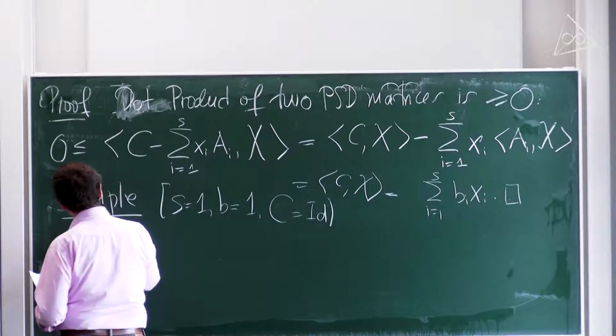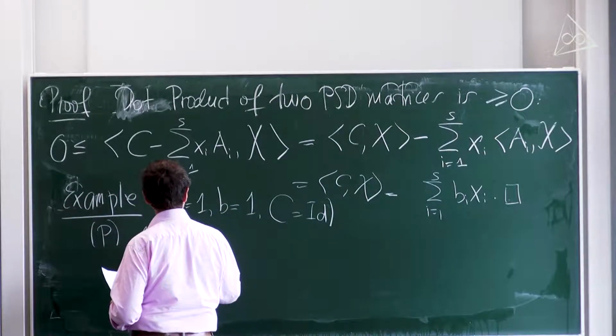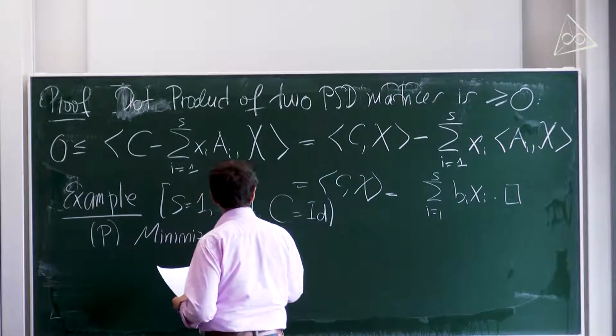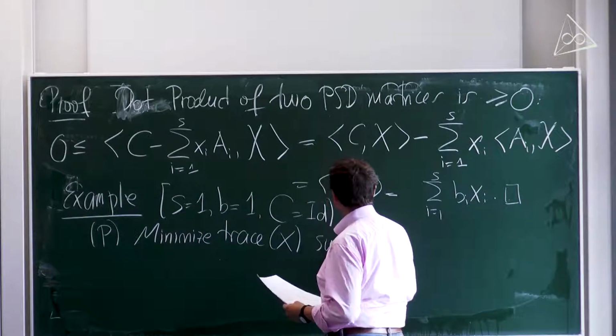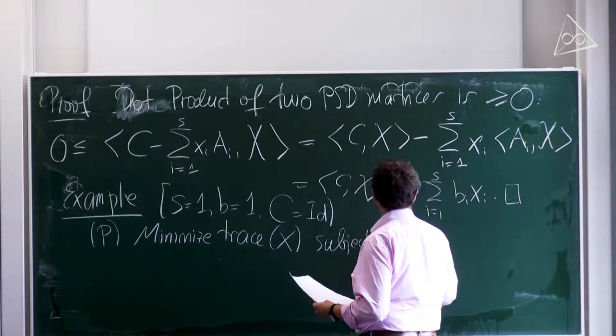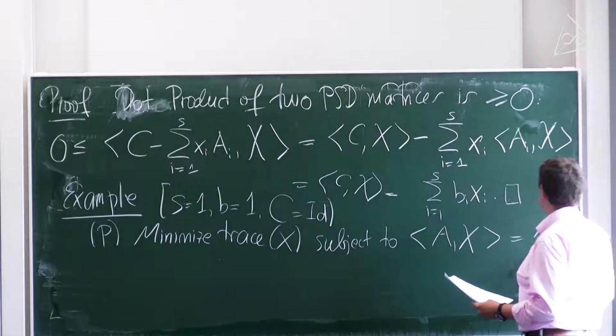Okay, so then P is the following problem. It's to minimize the trace of X subject to A paired with X is equal to 1.